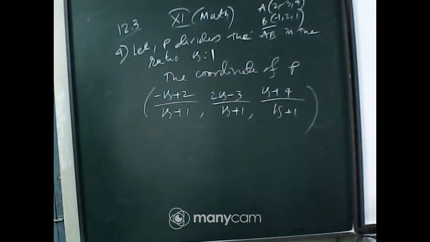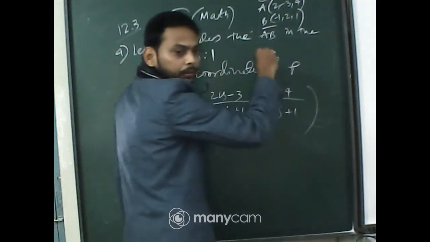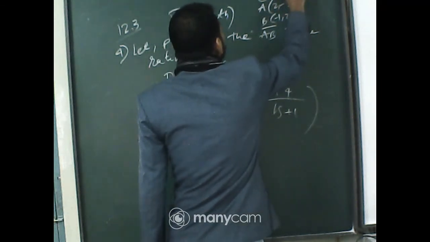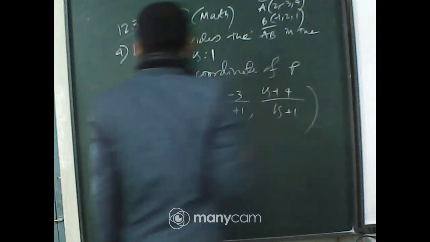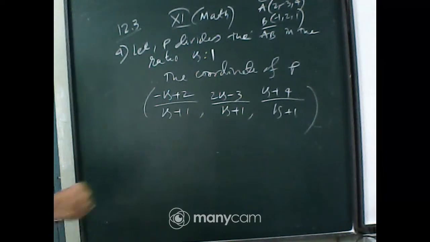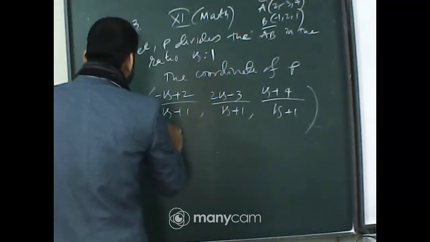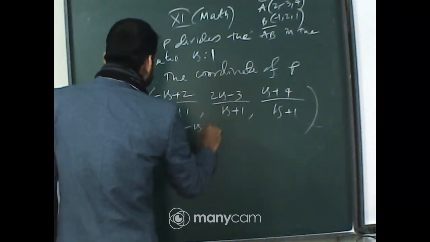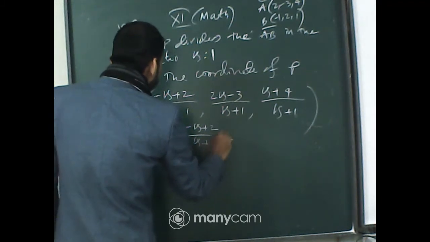Now look at the coordinate of C. That is 0, 1 by 3, 2. The coordinate of C is 0, 1 by 3, 2. Now for checking purpose, let us take the first portion equal to 0.